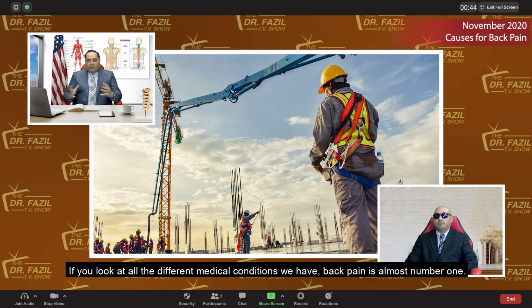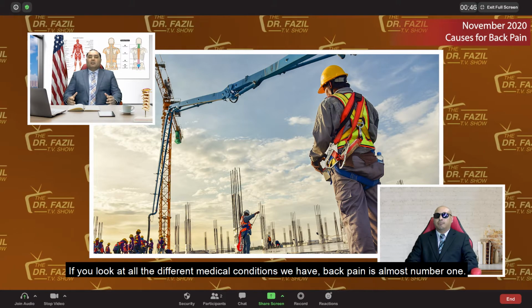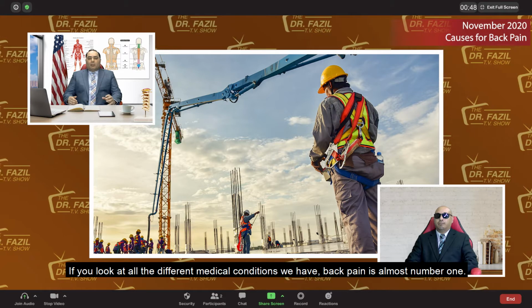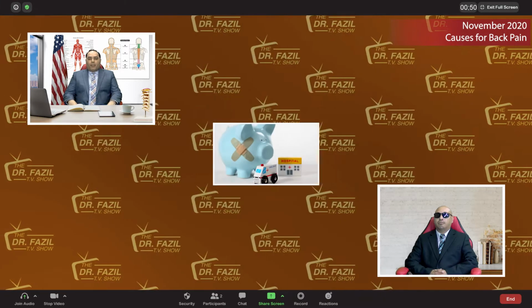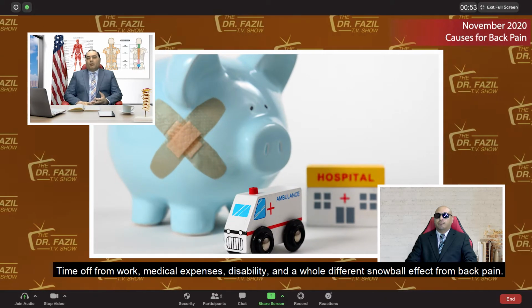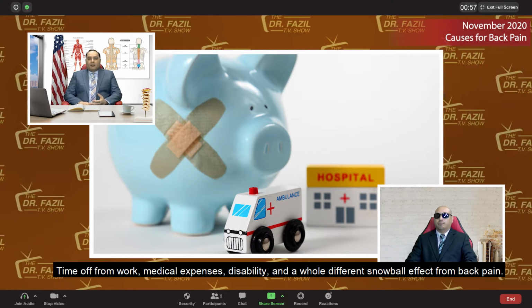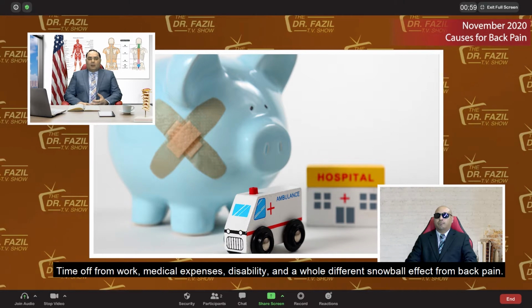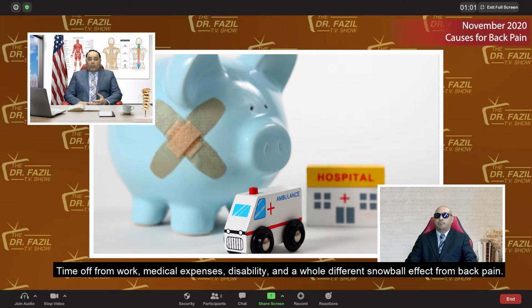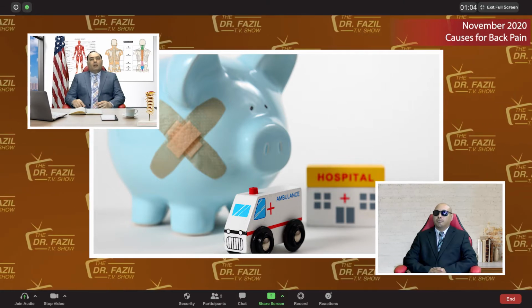If you look at all the different medical conditions we have, back pain is almost the number one. Time off from work, medical expenses, disability, and a whole different snowball effect from the back pain.